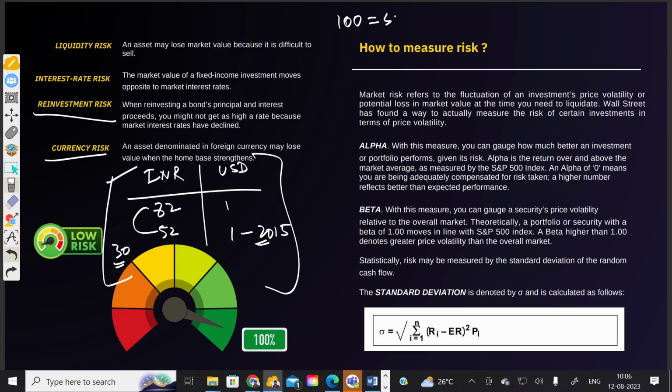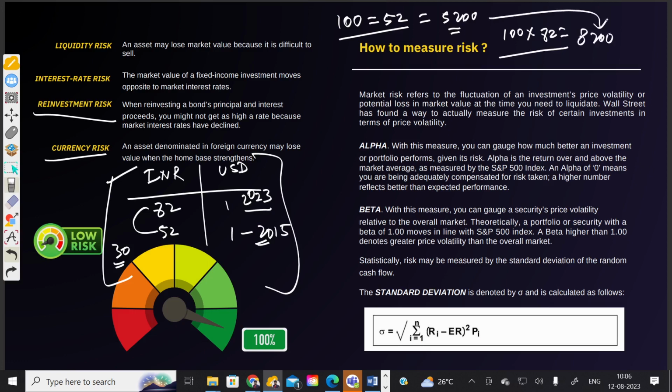You convert that and utilize it, and that becomes 5,200. Right? Now at the time of repayment, let's say you are looking at repayment in 2023. If you want to repay that, the same $100 into 82 becomes 8,200. So you will have to pay 8,200, which means you will have to pay around 3,000 extra from your pocket. So the rupee value has depreciated.